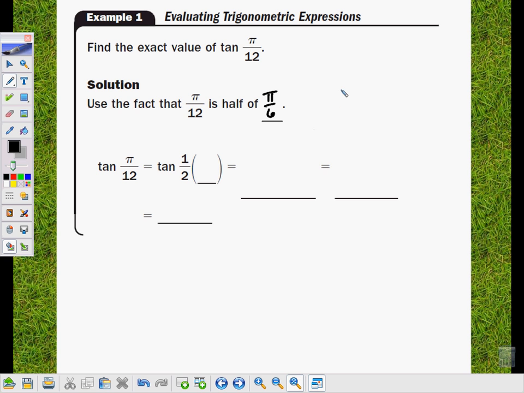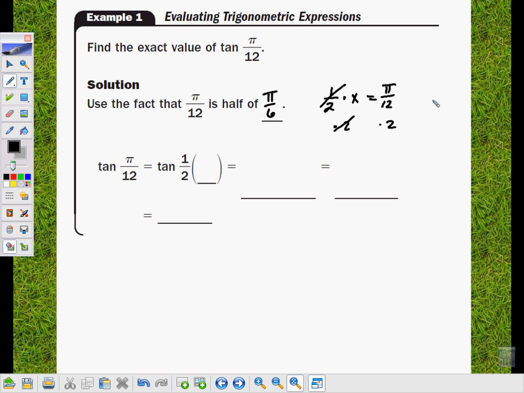Okay? And if that confuses you, think, one half times what gives me pi over 12? And then you can solve for this, multiply both sides by 2. That cancels the one half, times 2.